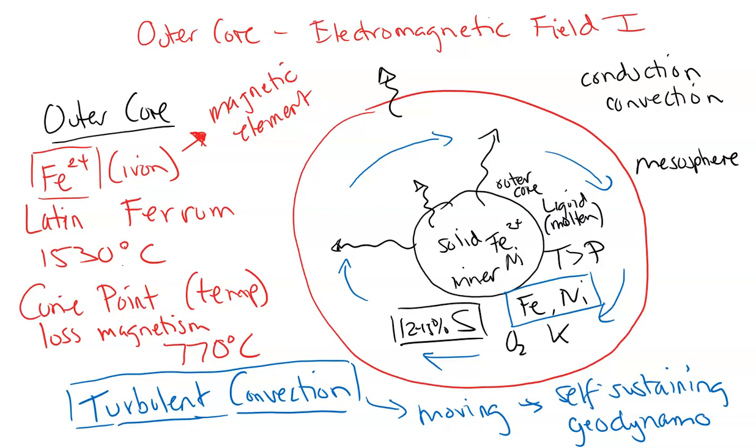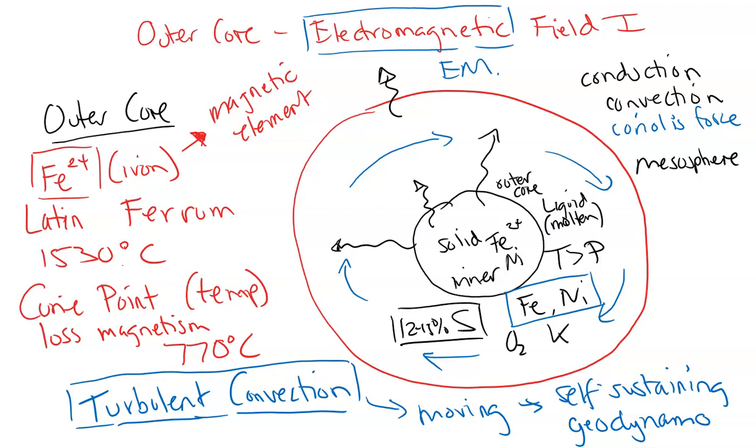So the earth has its own engine that doesn't stop, that is heated from decay and friction and accretion, that is constantly moving through convection, and you can also add in the Coriolis force, the spin of the earth. Plus the convection, it creates this turbulent movement within this large molten area, and it allows the Earth to make this electromagnetic field, or what we call the EM field.